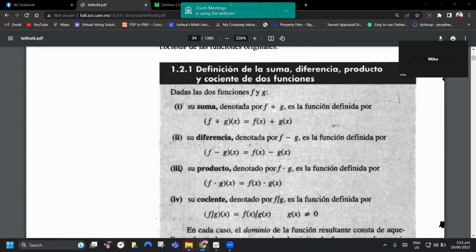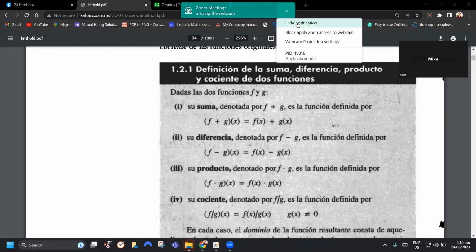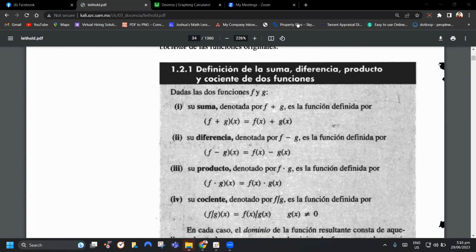For example, the function f of x equals x, and the function 1 over x plus 1. Let me show you the two functions, so I'll share my Desmos. Let's say we have two functions.